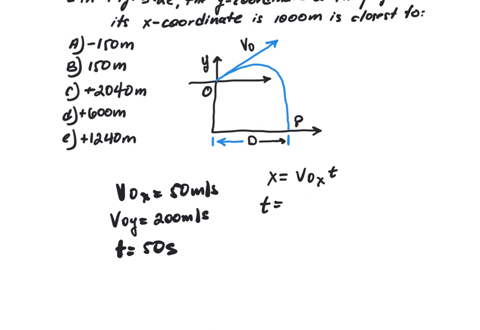So just by isolating t, we're just gonna have x over v of x. So the x is gonna be 1,000 meters, and the initial velocity is gonna be 50 meters per second. Meters will cancel out with meters, and we're gonna be left with 20 seconds.